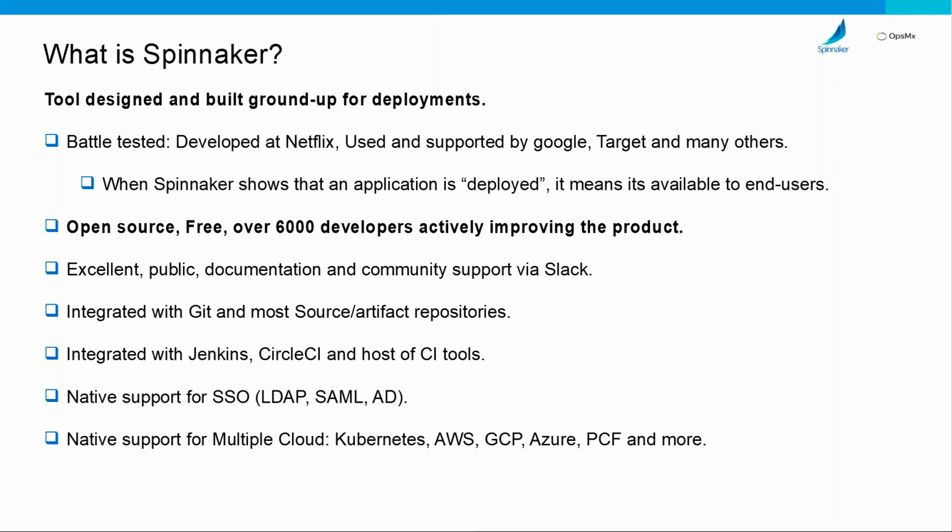Let's take a quick comparison with, let's say, the Helm deployment. What Helm deployment does, in the case of Kubernetes, for those who are aware of what I'm talking about, is it executes a command, and if the command executes successfully, it says application is deployed. That's not what Spinnaker does. Spinnaker does a lot more.